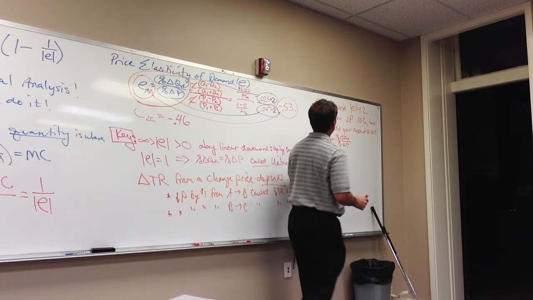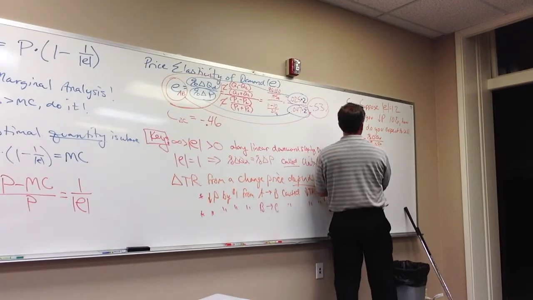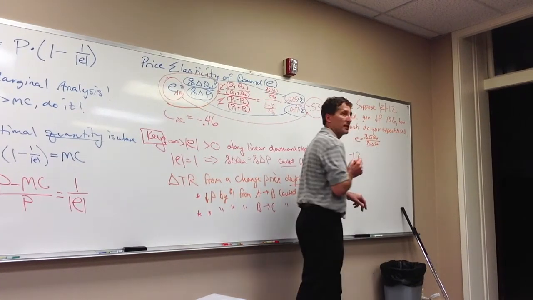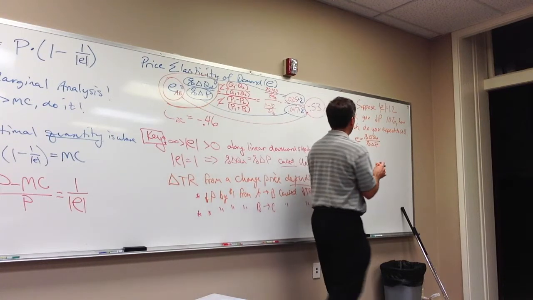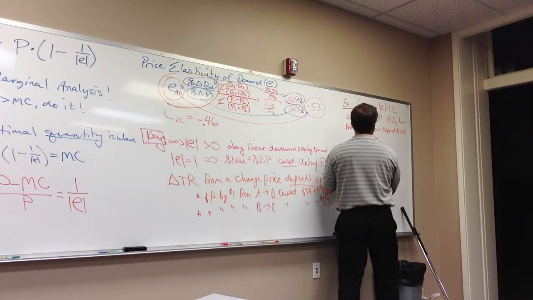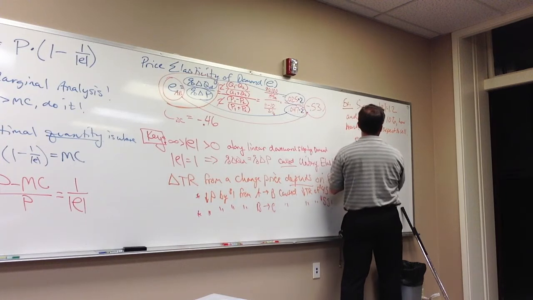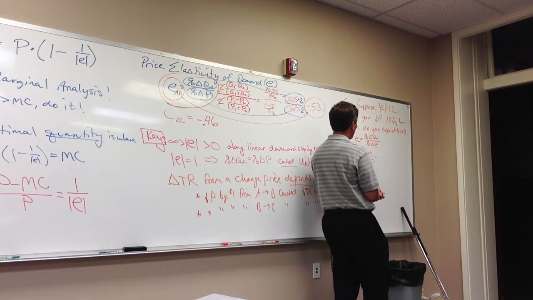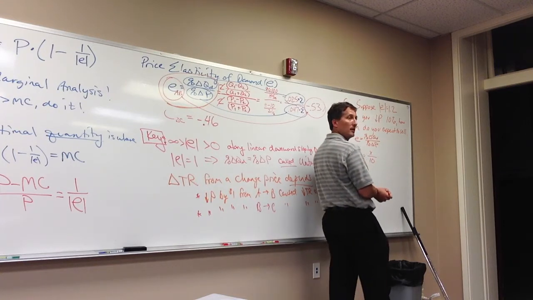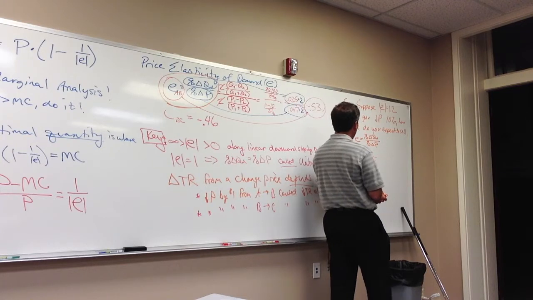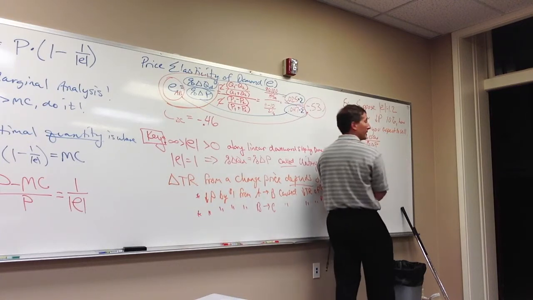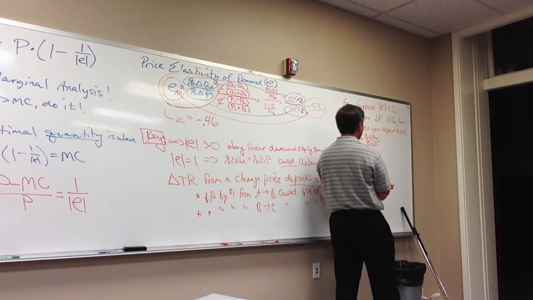Or we've got now a negative 1.2, because I stripped off the absolute value, is equal to a percentage change in quantity over a percentage change in price of 10. What is, a little x over here? What do we got? Negative 12. Okay?